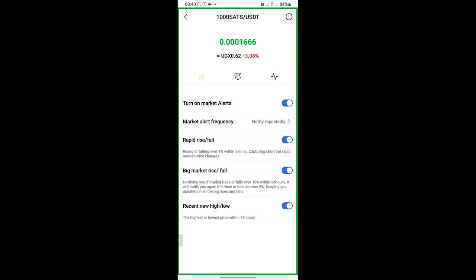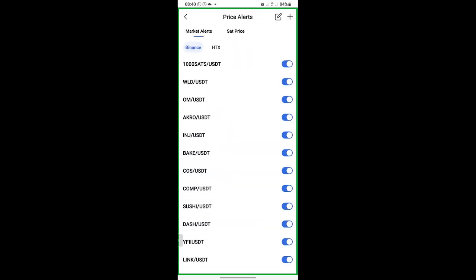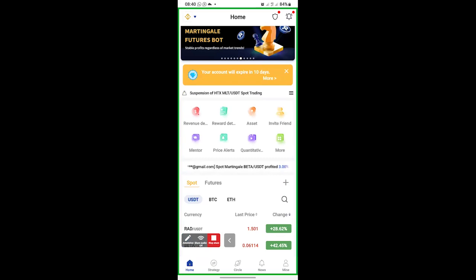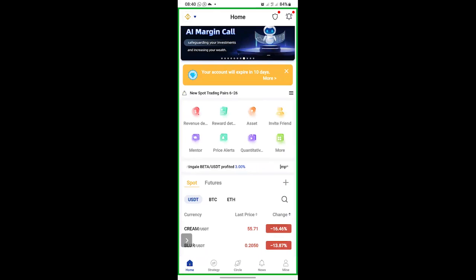I want the market alert, so you'll be provided with rapid rise and fall, big market rise and fall, recent new high and recent new low, as you can see. Then after you click back, your 1000 sats comes on your list. So definitely I'll start seeing its alerts just like that.